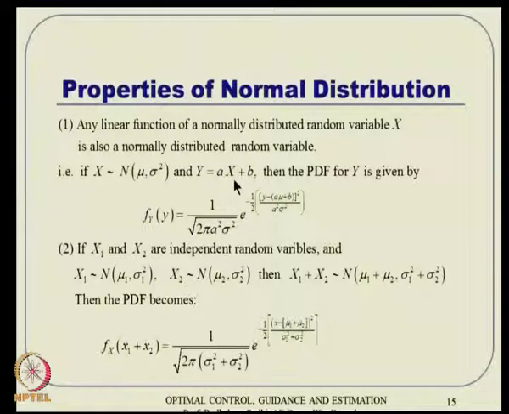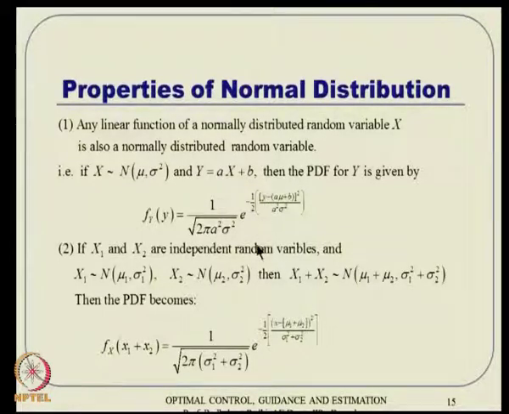So the variance of y is a square sigma square, and the expected value of y is the same linear function of mu. That means if I know y is ax plus b, I can directly write mu of y, and sigma of y will turn out to be a sigma.